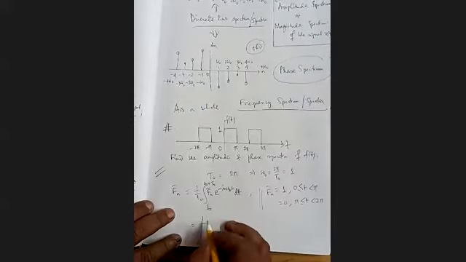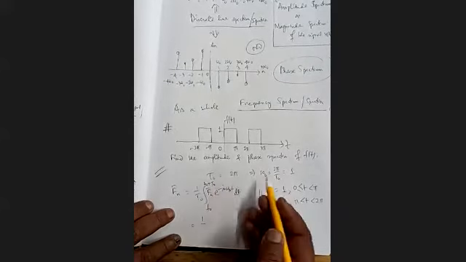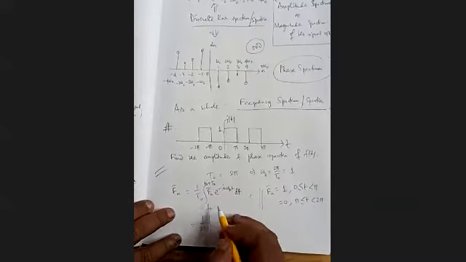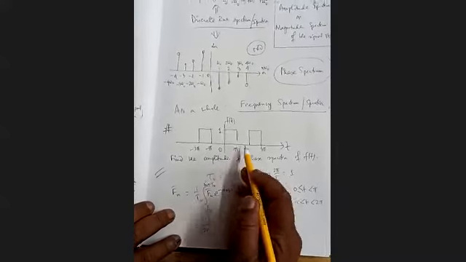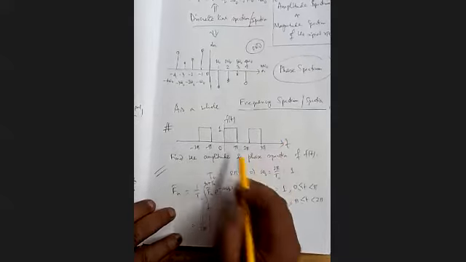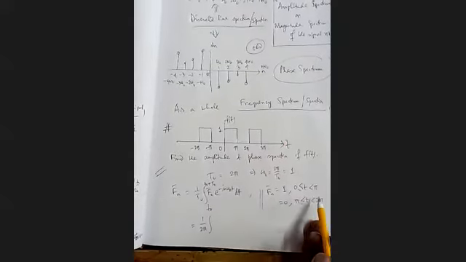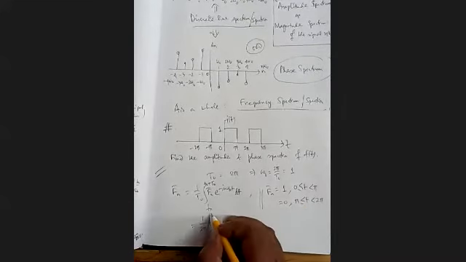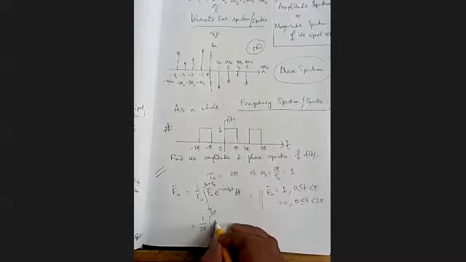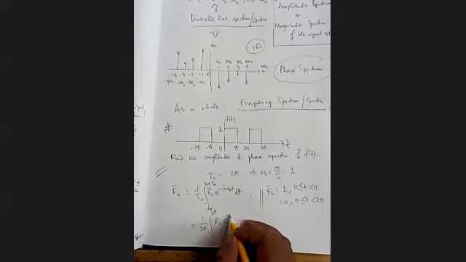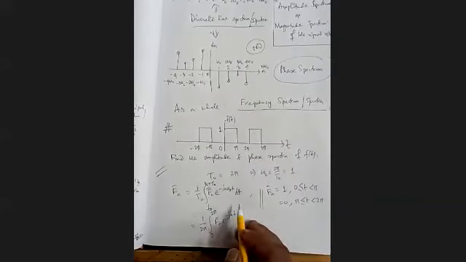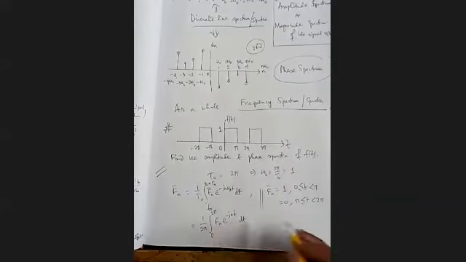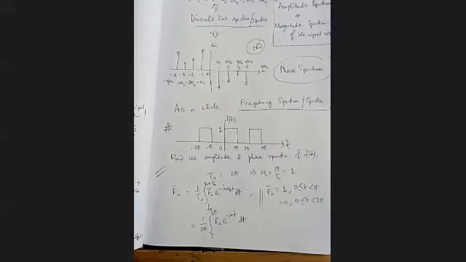Or 1 by T0, which is 2 pi, and the initial time we can take as 0 here, since our function's specification is from 0, so better we take it from 0. So 0 to 2 pi x(t) e to the power minus jn t. Our omega 0 equal to 1. That's why. Now we evaluate it in the next page.